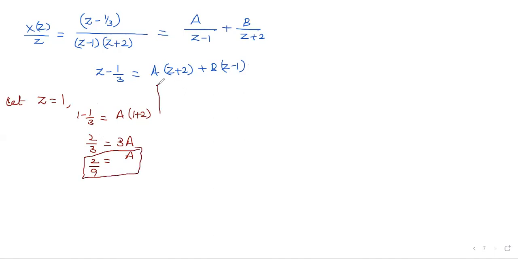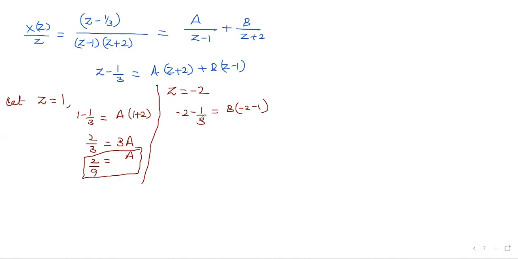Now, Z is equal to minus 2. Substitute Z equal to minus 2. What will we get? So now minus 2 minus 1 by 3 is equal to, this term will become 0 because minus 2 plus 2 is 0. B into minus 2 minus 1. So how much will we get?